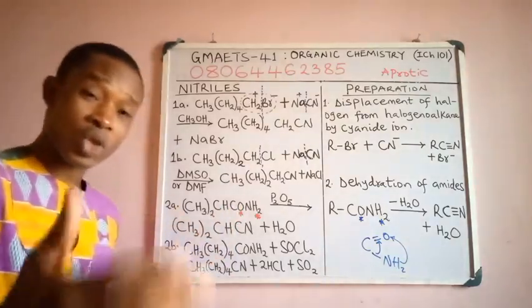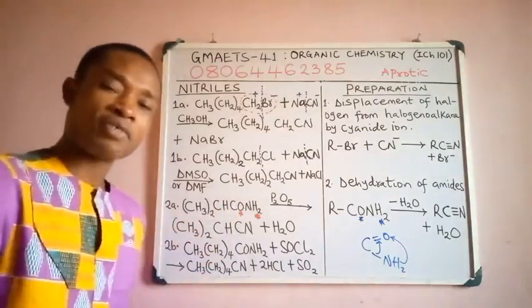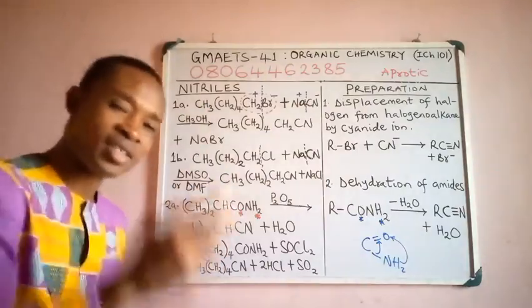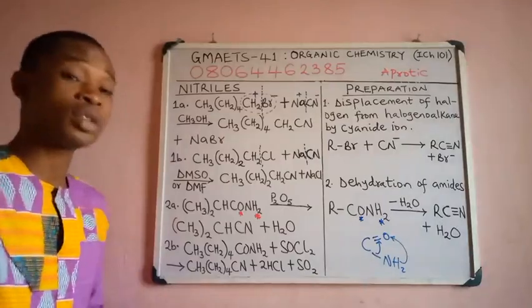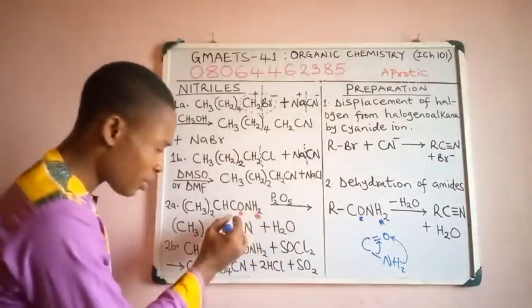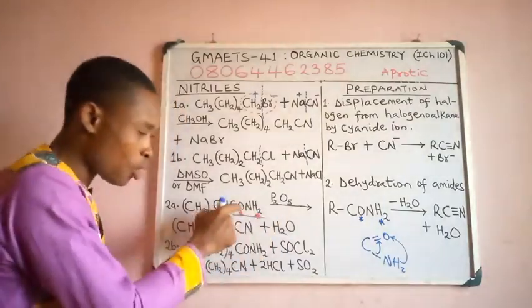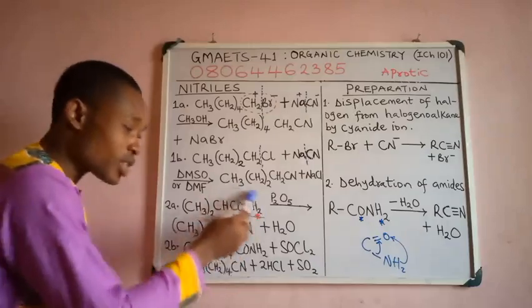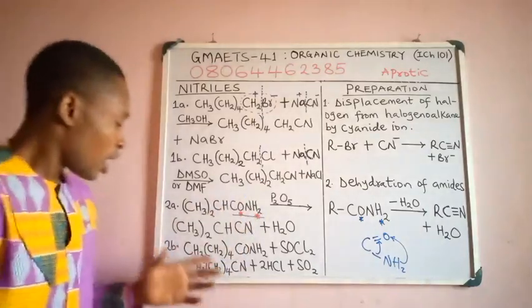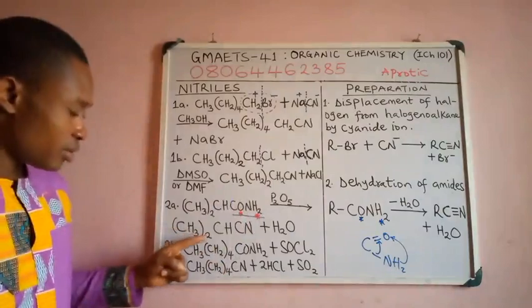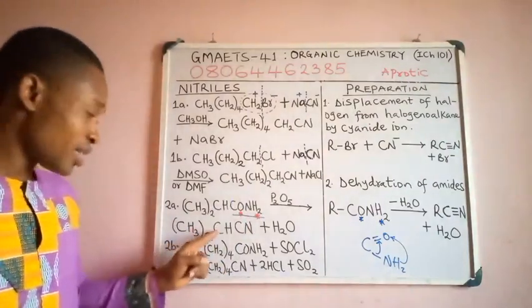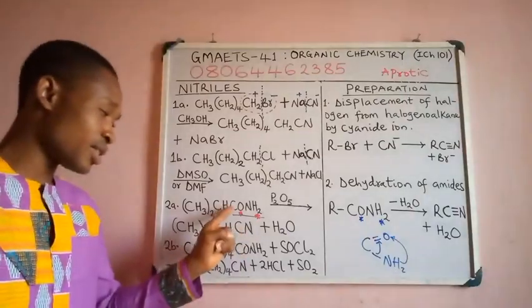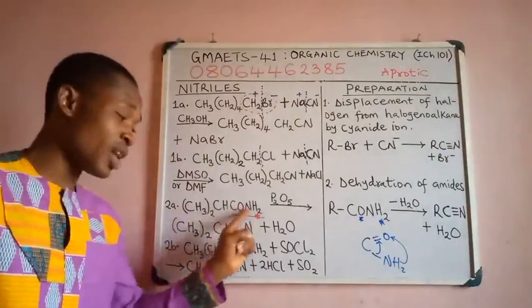Once again, you see what you were told before, that the chemical reaction of organic compounds usually centers on the carbon of the functional group. And in acid amide, the functional group is CONH2. So all the attack focuses at that point. That's going to give us (CH3)2CHCN. You see that carbon and nitrogen will just be the only thing left here.